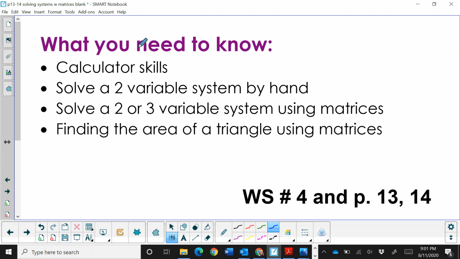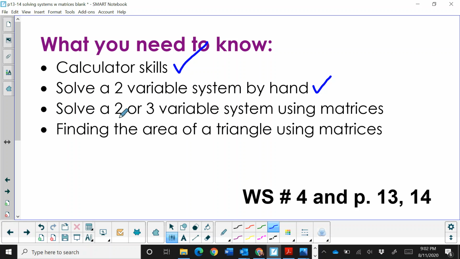Okay, so what do we need to know at the end of this lesson? 1, calculator skills, that little practice quiz we did at the beginning. Then, how do you solve a 2-variable system by hand? Elimination. You could use substitution if you want, but those were set up for elimination. What did we learn new today?